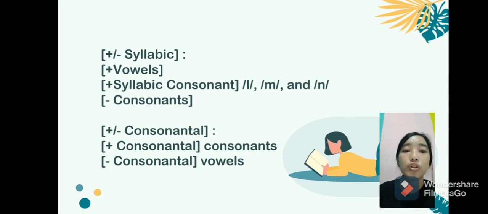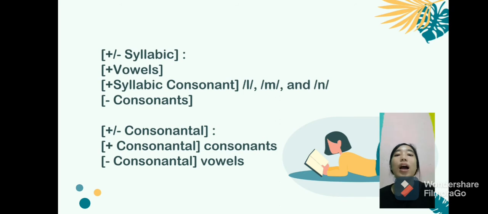In other words, to produce a non-consonantal sound, we involve a free flow of air through the oral cavity. So, the plus consonantal includes stops, affricates, fricatives, nasals, and also liquids. And the minus consonantal includes vowels and glottals.